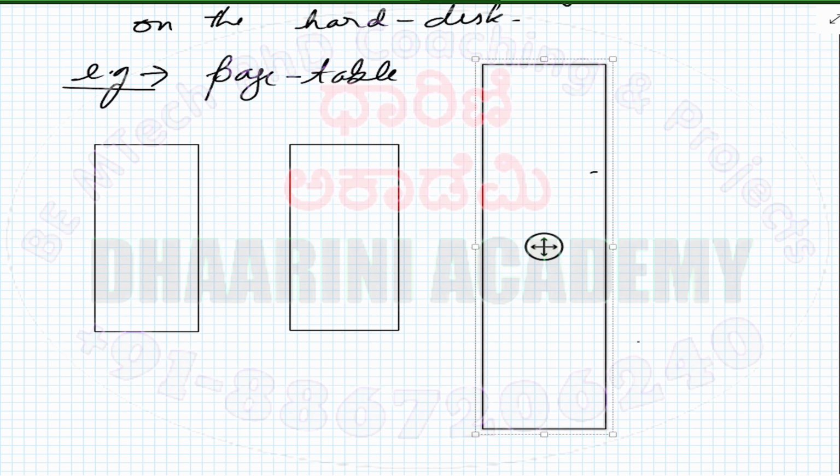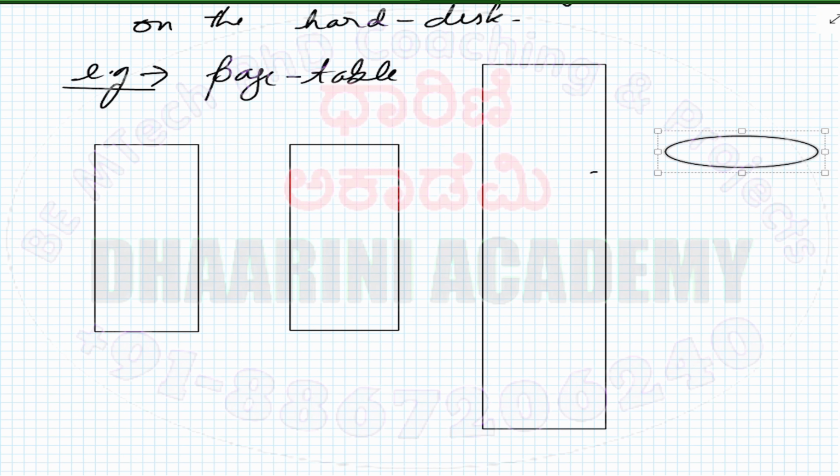This is where the data is present, and for a pictorial representation I need the physical memory in the form of a disk. So let's write the disk over here.